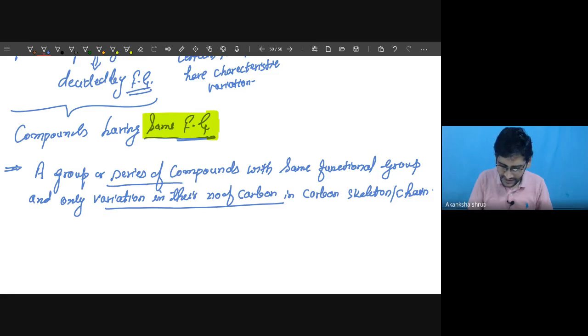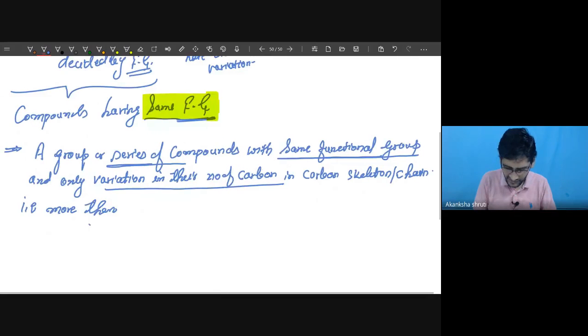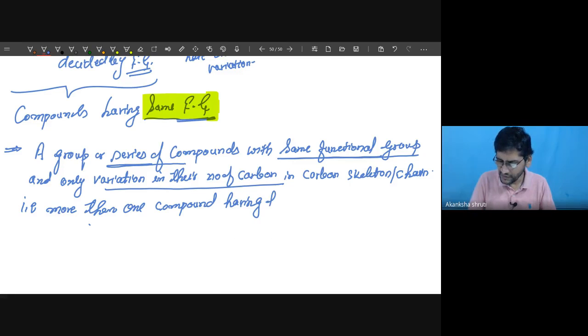Another, it must contain the same functional group. The group or series means more than one compound having the same functional group will belong to the same homologous series.